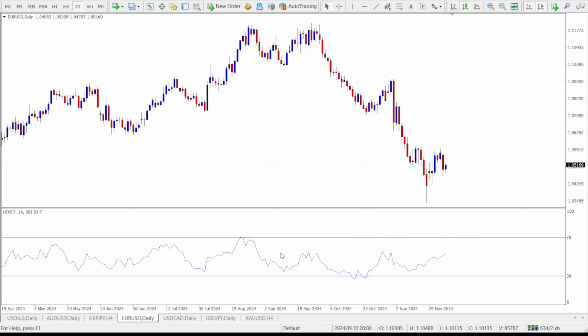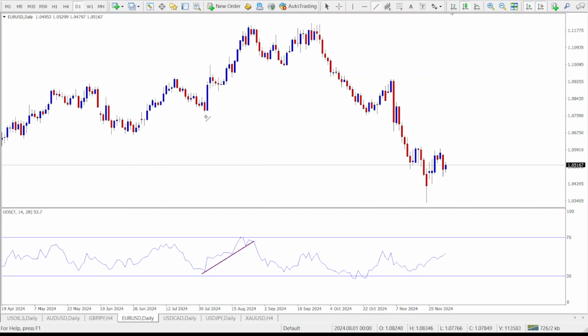So whenever you have the ultimate oscillator get to the 70 level, it is showing you that we could possibly have a bearish reversal soon. Whenever the oscillator is trending upwards, it shows that there is bullish momentum.